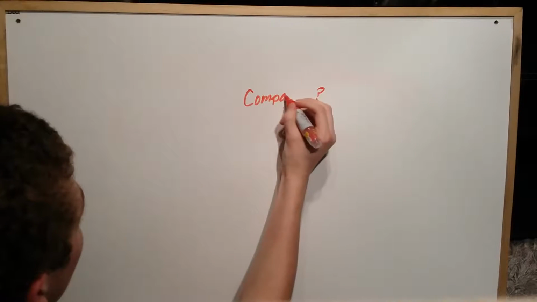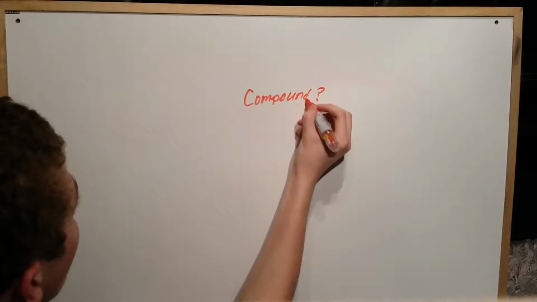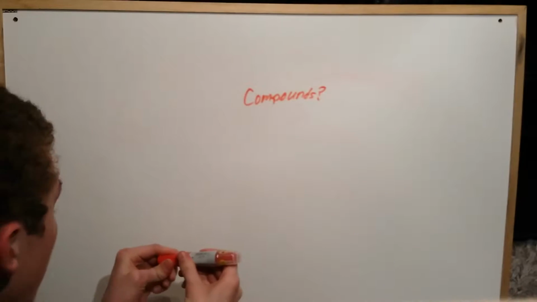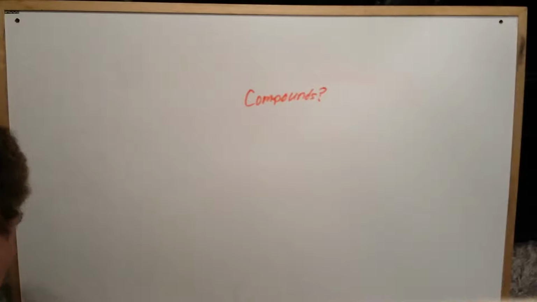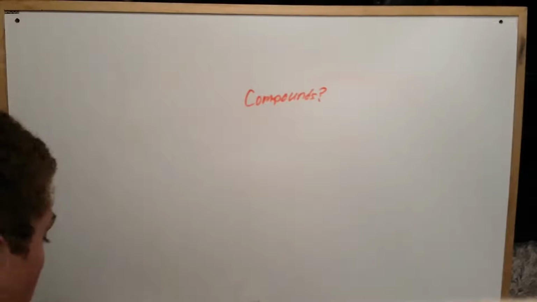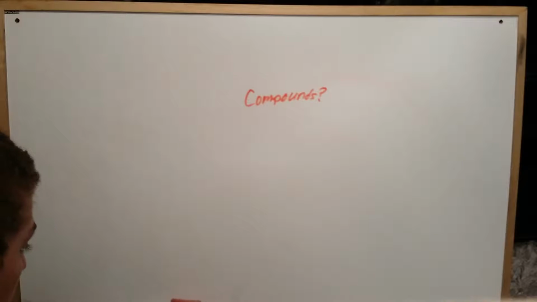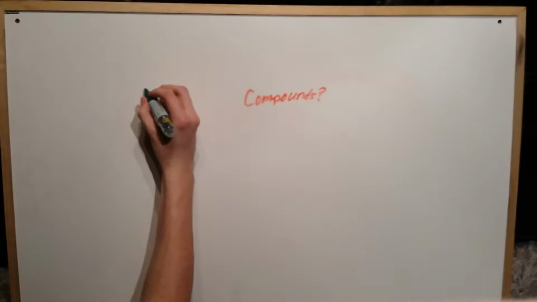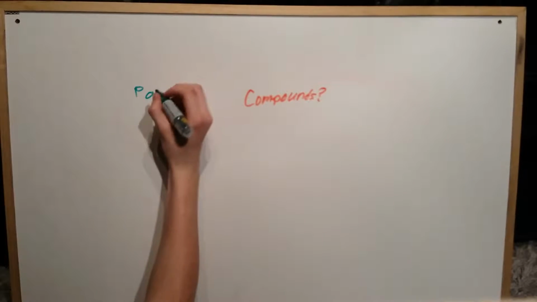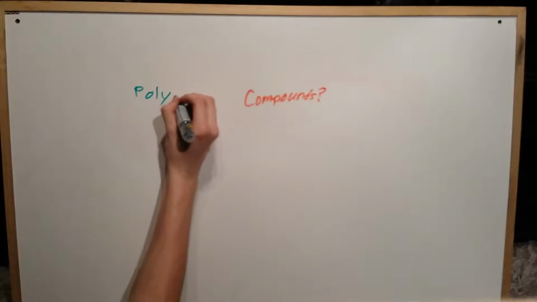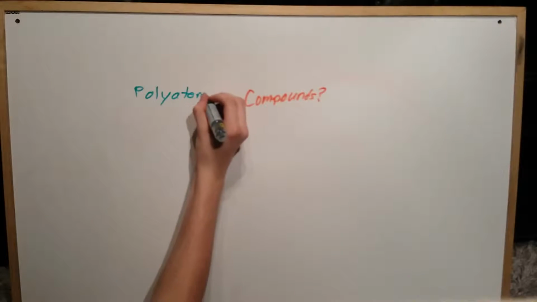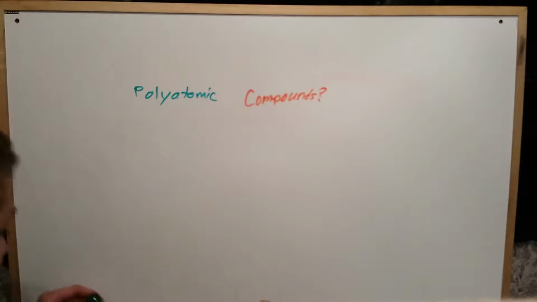So, you'll remember we've done compounds so far. We have done the molecular compound and ionic compound. Ionic is metal with a nonmetal, and molecular is nonmetal with a nonmetal. So this one today is polyatomic compound.